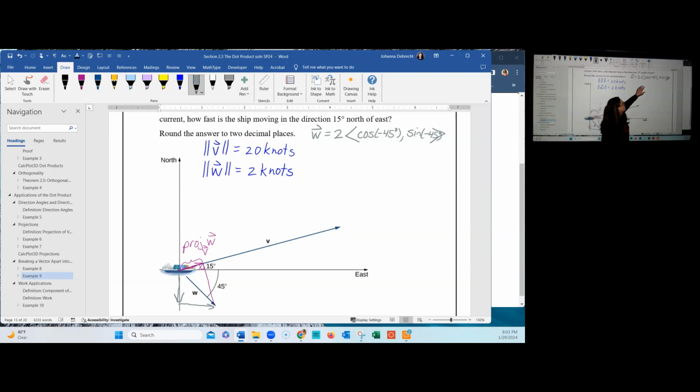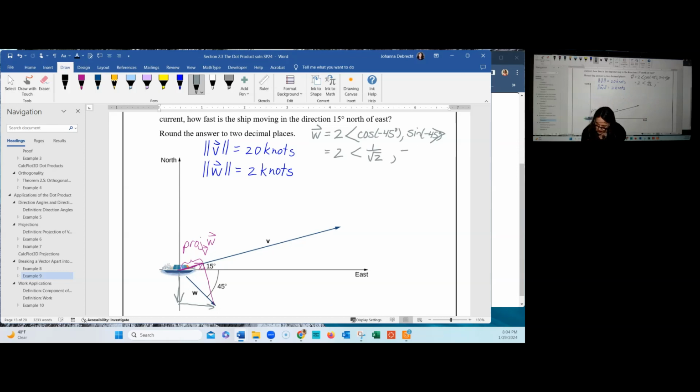Now, we know that the cosine of a negative angle is the same as the cosine of the angle because it's an even function. And the cosine of 45 degrees is square root of 2 over 2, or 1 over the square root of 2. So I can represent this with just 1 over the square root of 2. But sine is an odd function. So sine of a negative angle is the negative sine of the angle.